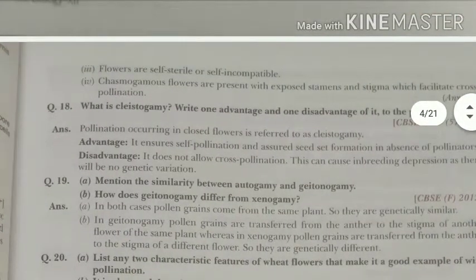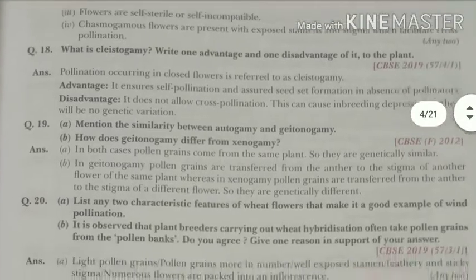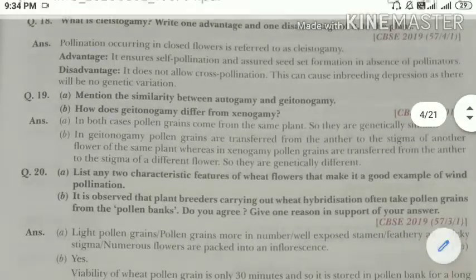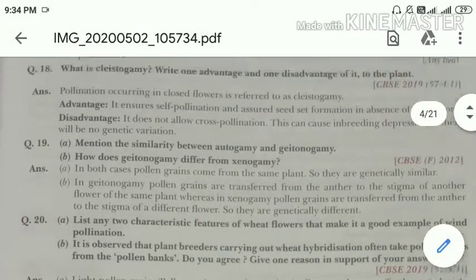Some others are also there, like self-sterility or incompatibility, or we can say chasmogamous flower. That means the flower is exposed or open. Then next is cleistogamy.